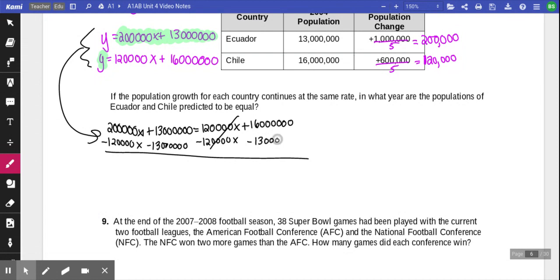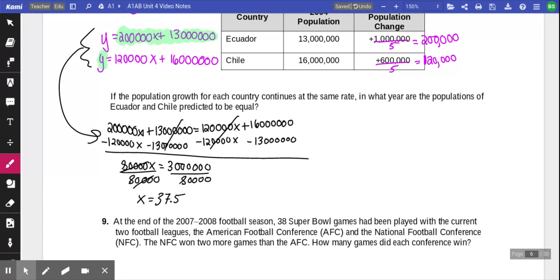I'm isolating my variable. We're having x on the left side. This will give us 80,000 x is equal to 3 million. So the question just becomes, when we divide both sides to solve for x by 80,000, what are we going to get? And this gives us 37.5.